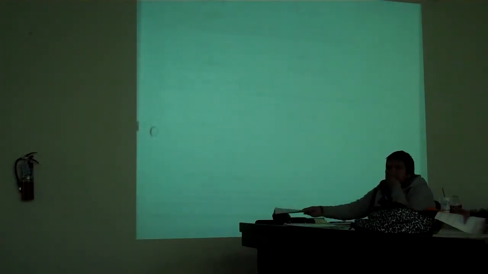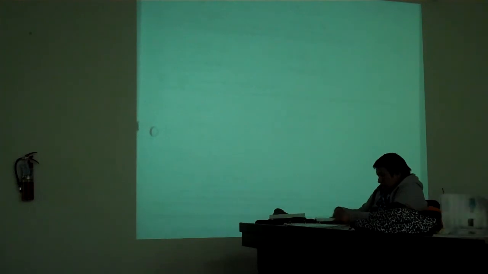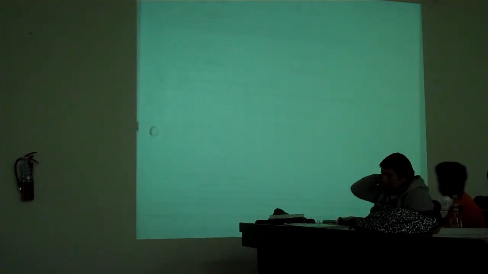Looking at 4.6 and 4.7. Not right off the bat. It's hard to tell by looking at word problems if you have questions on it. I'm just showing you the ones that people have asked me about in the past already.